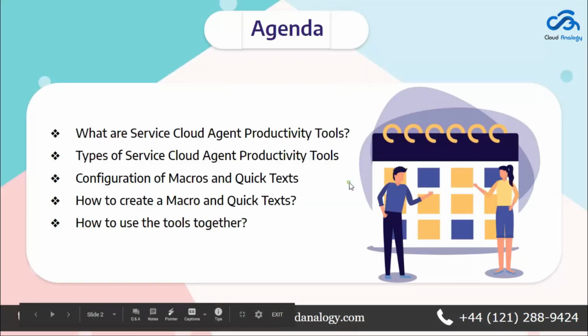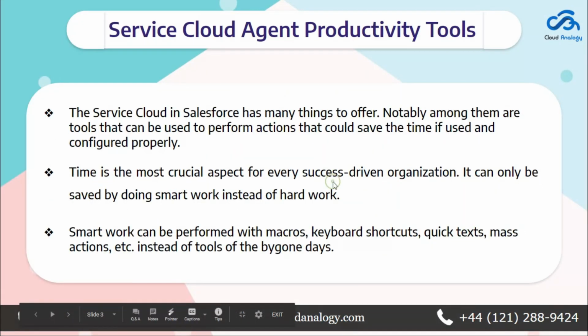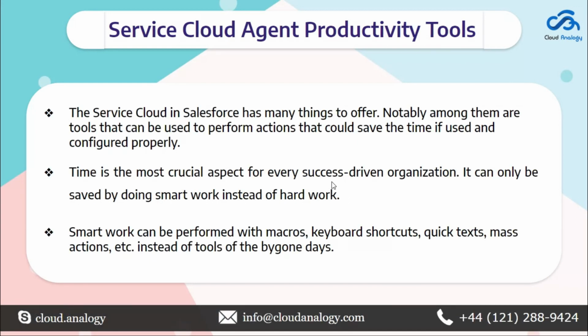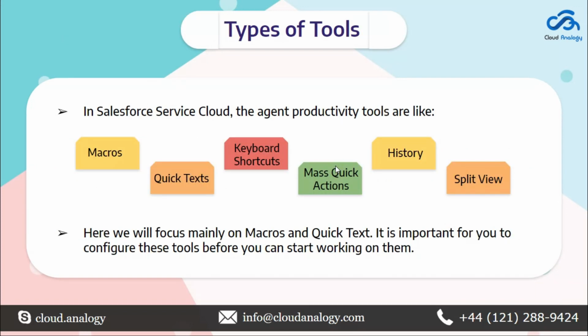And keyboard shortcuts, by name it's very clear to you all what a keyboard shortcut is. Keyboard shortcuts are basically used in Salesforce for opening and closing macros, or editing or saving records or anything.